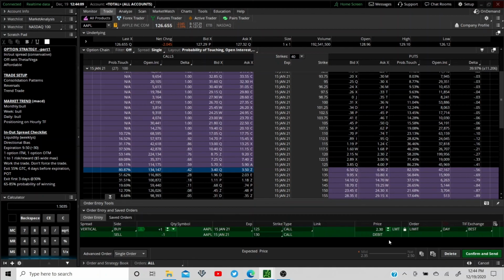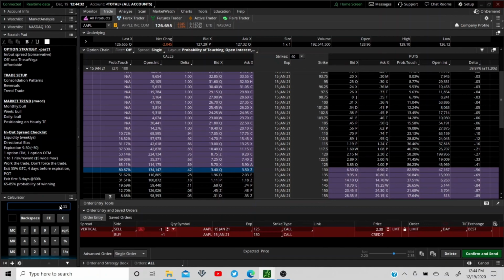The next thing that we're going to do, and this step is going to look a little bit different, you're going to go to your actual trade, and you're going to sell against it. Well, you executed at $2.30, so we want to multiply that by $1.55.